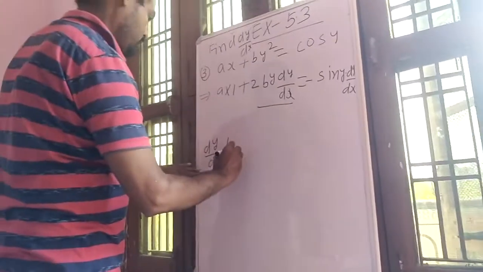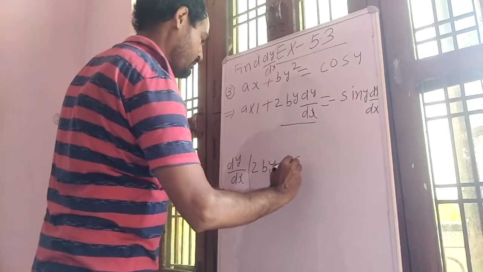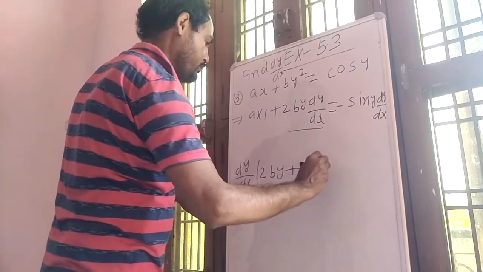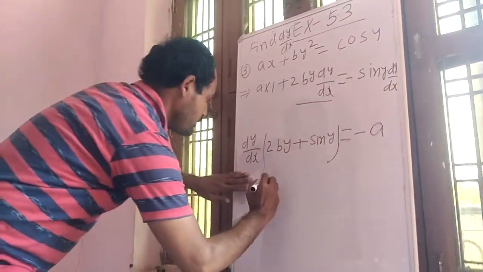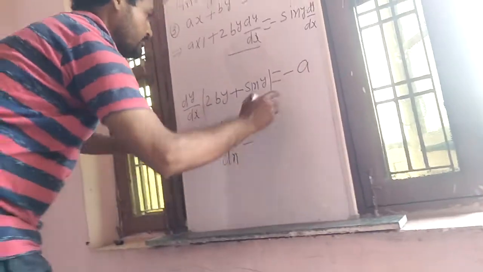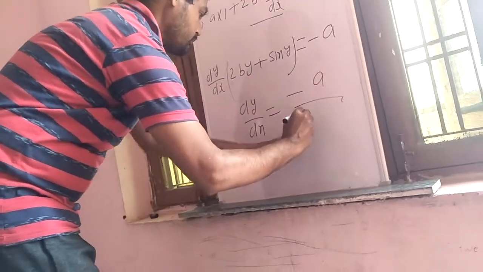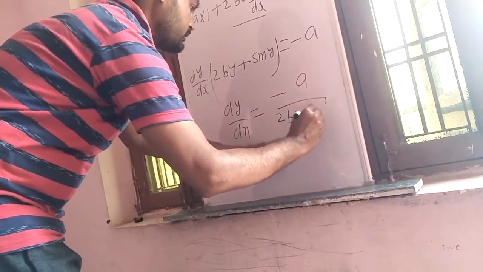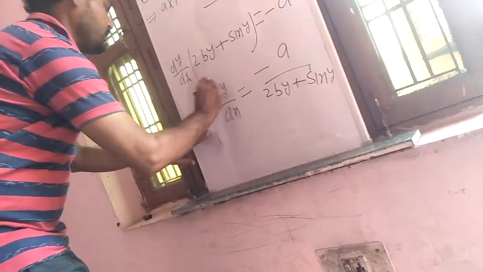Here is 2by, and here minus sin y changes into plus, because we take it to the LHS, and it is separate, minus a. This is a simple process because we have to find dy/dx. This is very interesting.